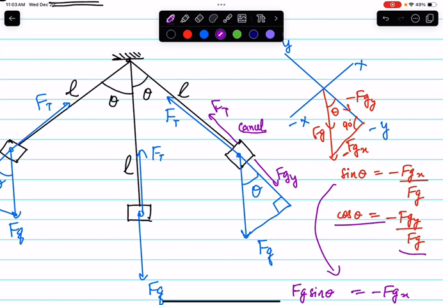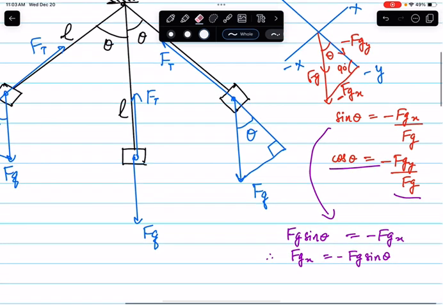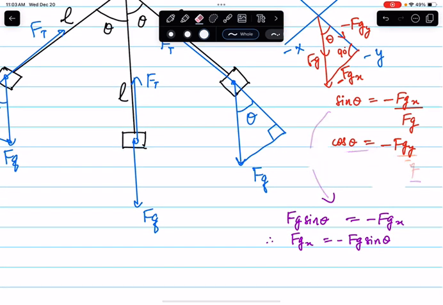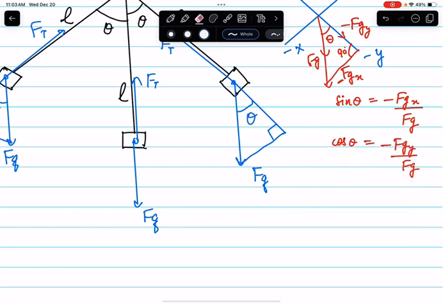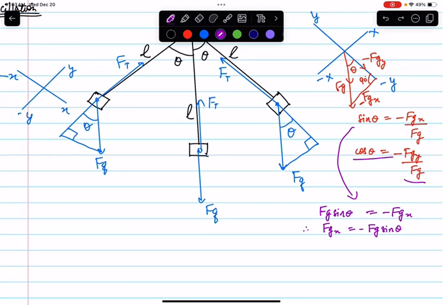Because they cancel each other out, we're not going to be looking too much at them. So our main focus is the force of gravity in the x direction, or the x movement.